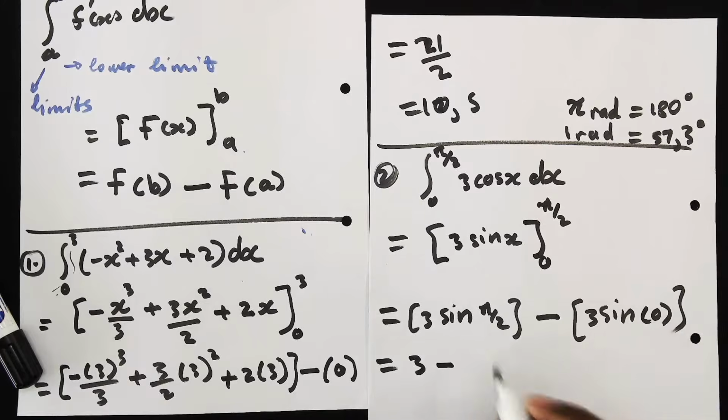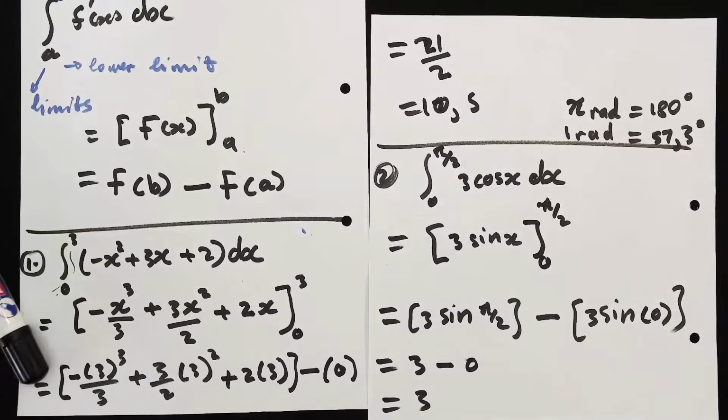Therefore, sine 0 times 3 is still 0. I hope you see that the solution is 3. I hope it is clear. Any questions or clarity? Please.